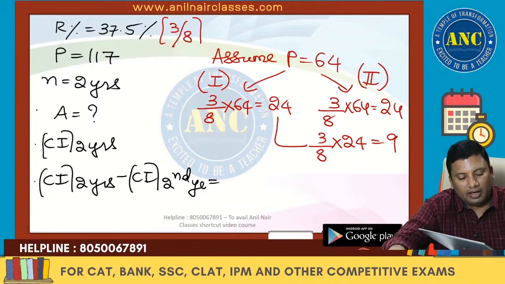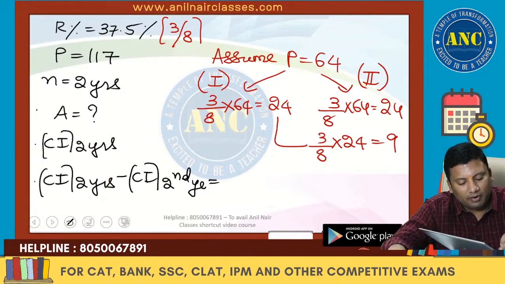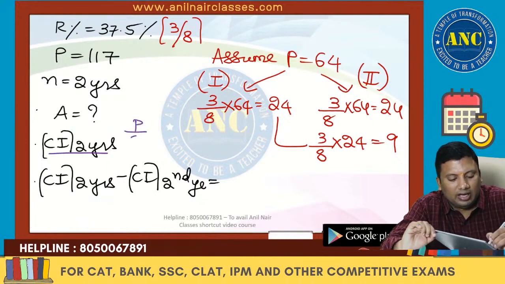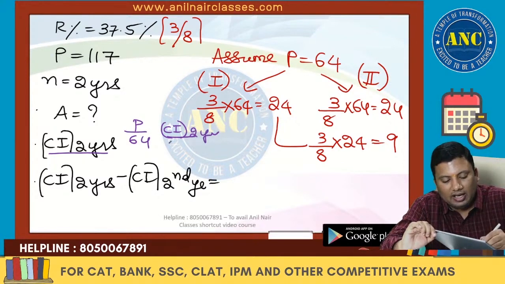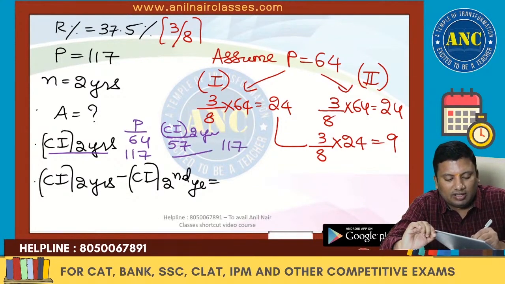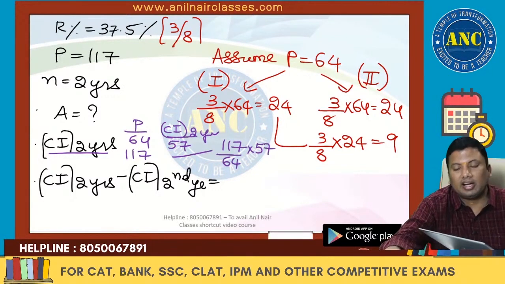Now one by one we will go. Now it is easy. CI for 2 years, when the principal is 64, is nothing but 48 plus 9, which is 57. But according to the question the principal is 117. So 117 by 64 into 57. Idea is clear?